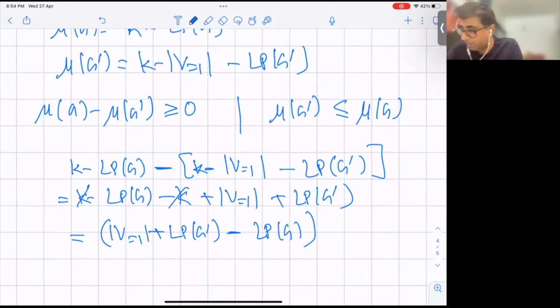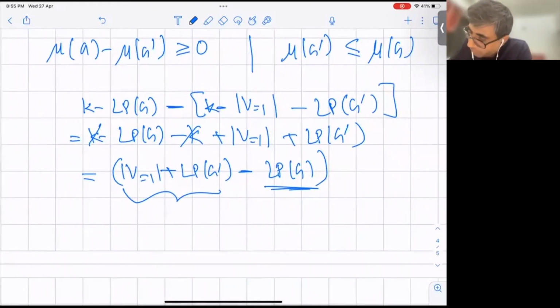And when will that happen? If this quantity is greater than this quantity. What I want to show is that this is greater than or equal to 0.